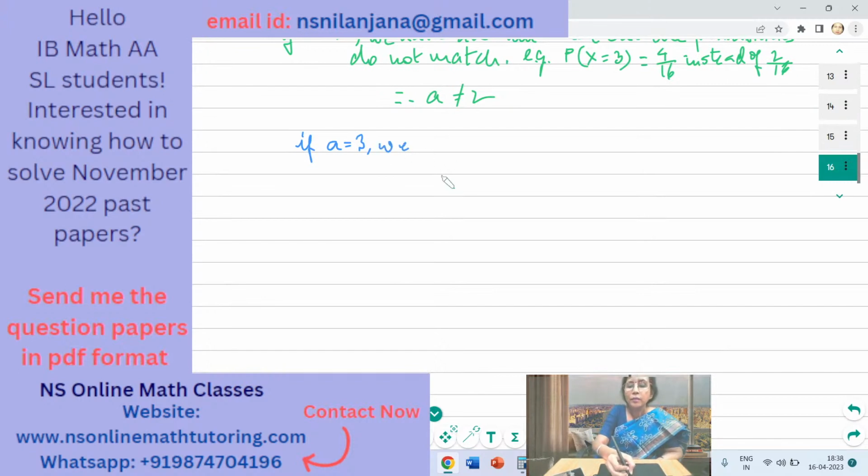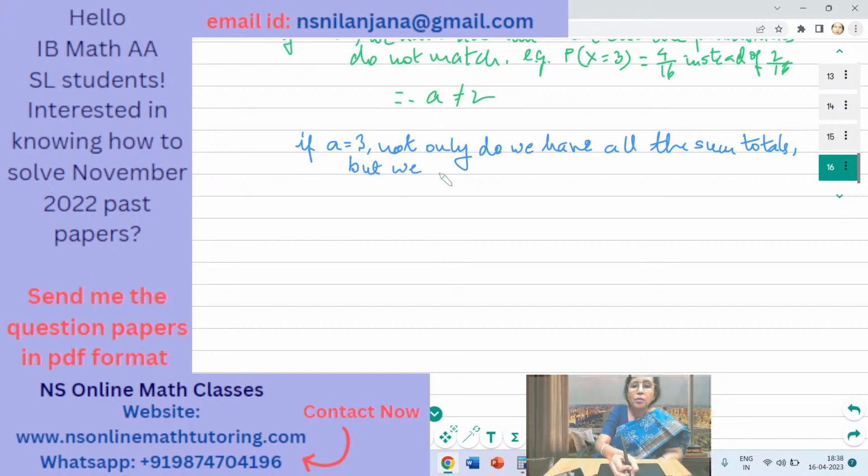We have not only all the sum totals, but we also have the same probability.